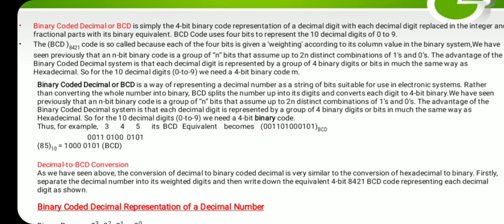If we represent this number in strings of ones and zeros, take the example of 16. How do we represent 16? We represent it as 1 0 0 0 0, a 1 followed by 4 zeros. A 5-digit number in binary.